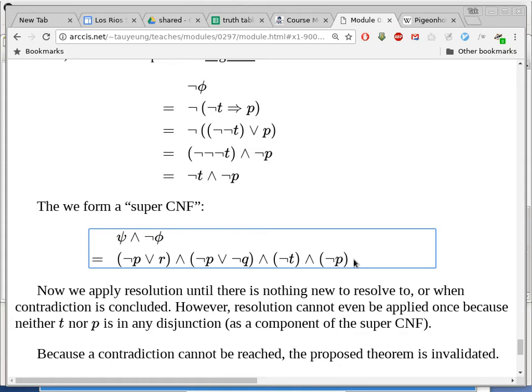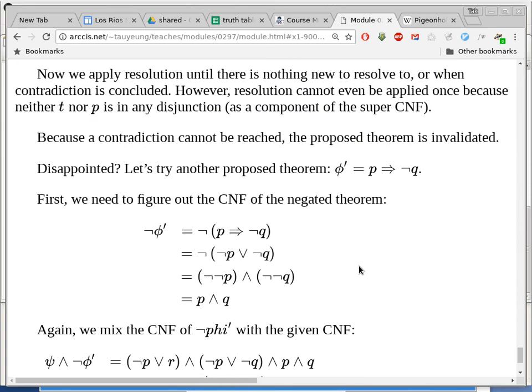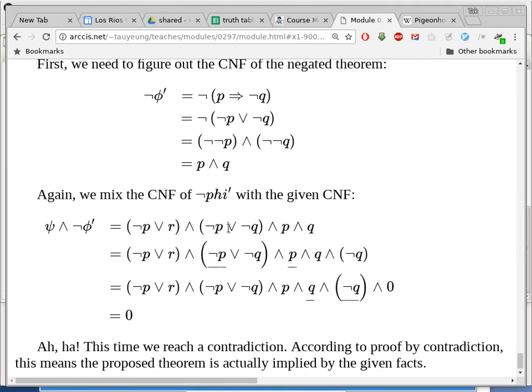Is that okay? The second example, on the other hand, ends up with phi prime, a slightly different WFF, and the negation of that has this CNF representation. But when you combine that with psi, we eventually resolve to 0, and that means this phi prime indeed is a theorem, because the negation of it leads to a contradiction.